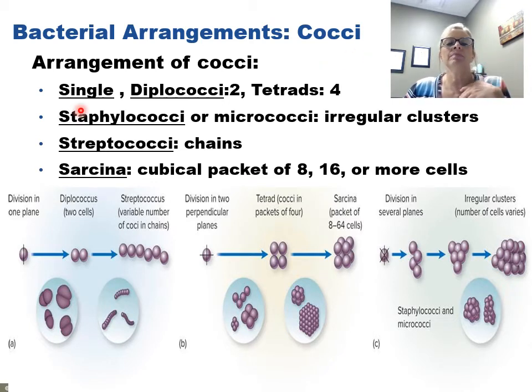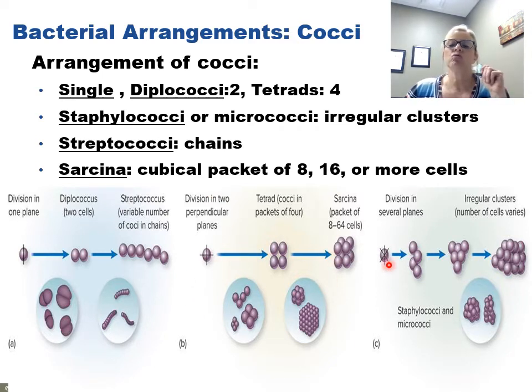All right, so cocci can be found single, so just single little circles here. It can be found as a diplo where you have 2. It can be found in a chain. I've already said strep means chain, so a streptococci would be a chain of cocci, okay? And then they can also divide along more than one plane, and so then you could have this tetrad.